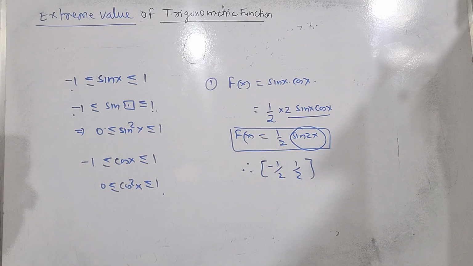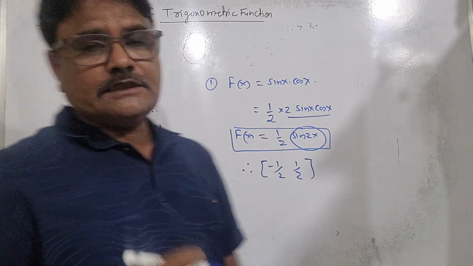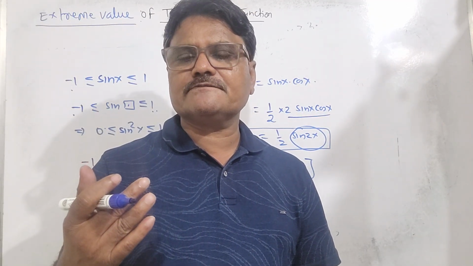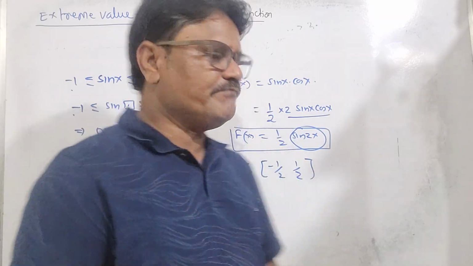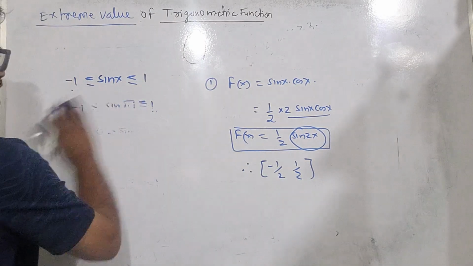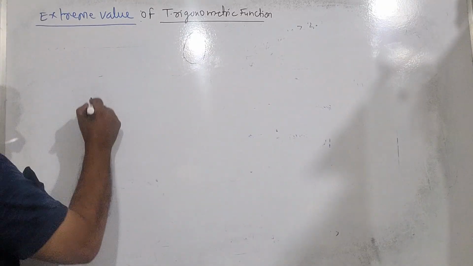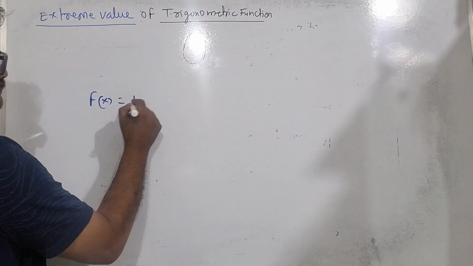Got it? And another important concept to find the range of a trigonometric function is finding the maximum value and minimum value. For example, we have a function like f(x) equal to say 1 by x.